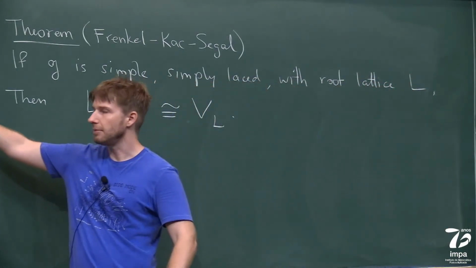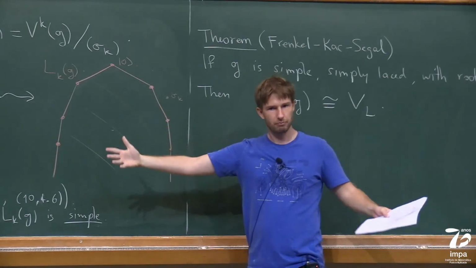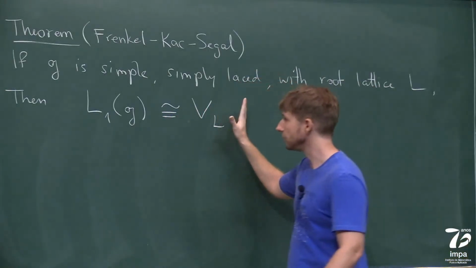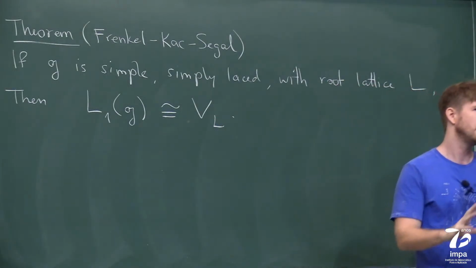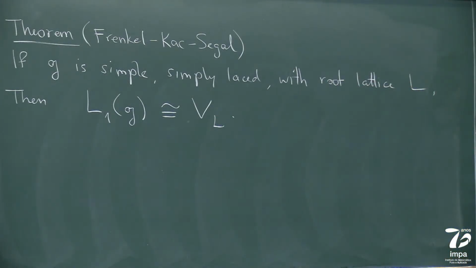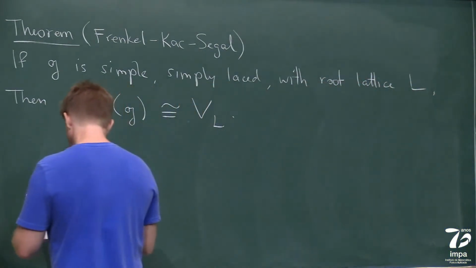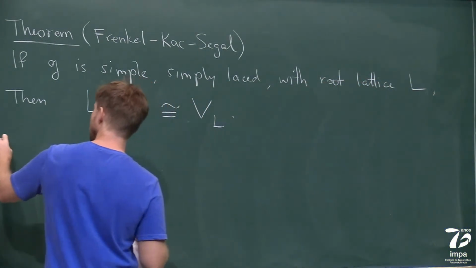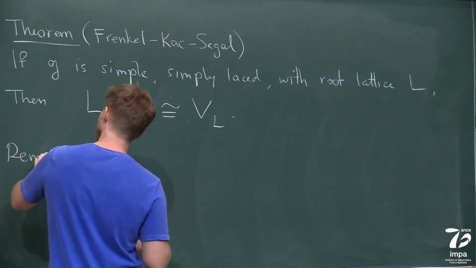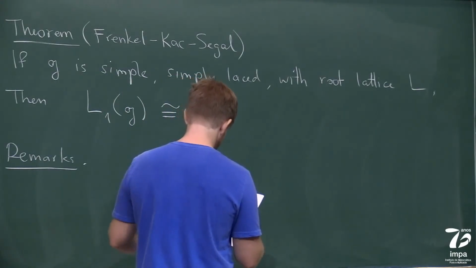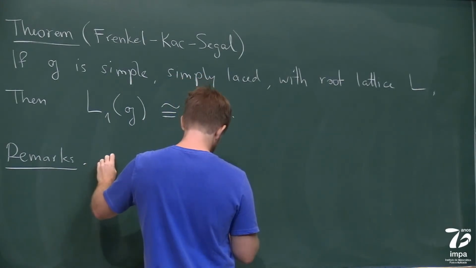But you see, by letting k be other positive integers, we get this highly non-trivial class of other vertex algebras, which I don't have any direct description of in terms of the lattice. So some remarks.